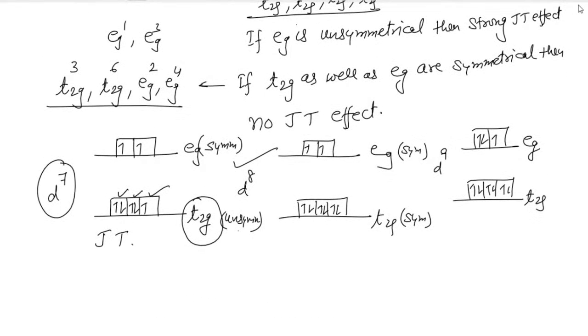But in D8, all the T2G orbitals have 2 electrons each. So that means it is symmetrical, and each EG orbital has 1 electron. So it is also symmetrical, means both T2G and EG are symmetrical. So Jahn-Teller effect is not observed. Is it okay?